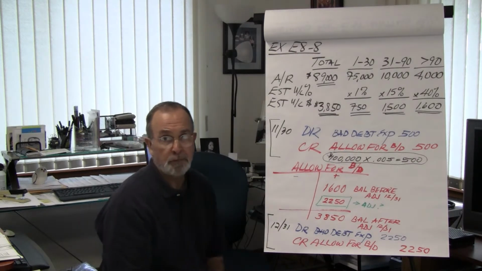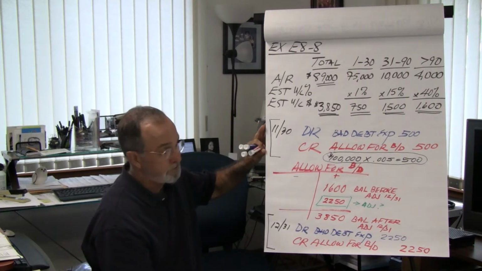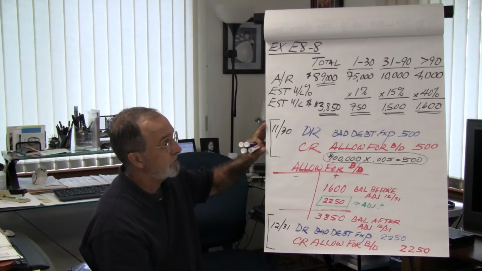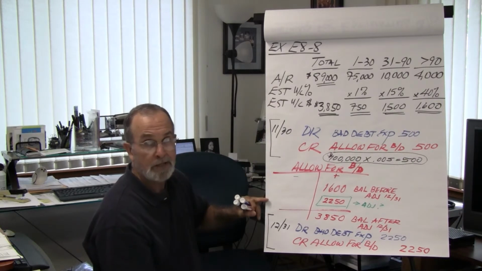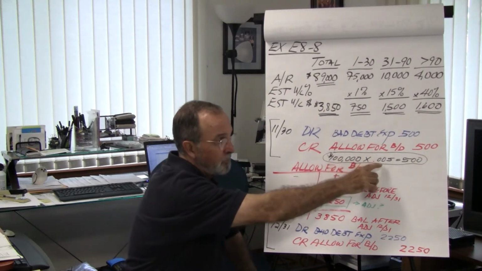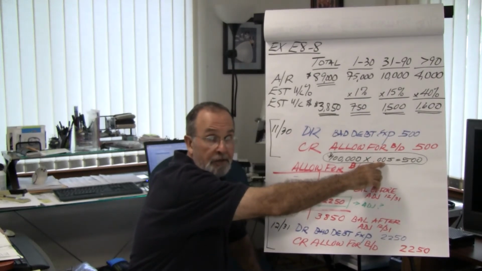But one important difference is that when we use the percentage of credit sales method, we do not consider the balance in the allowance account. We ignore the balance in the allowance account. We simply take credit sales and multiply that amount by our estimate of uncollectability.